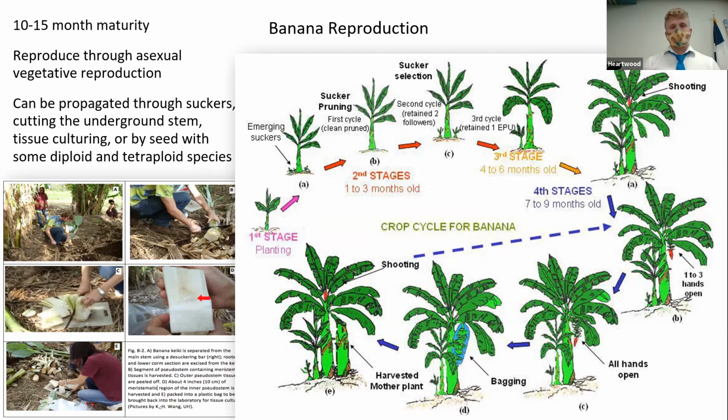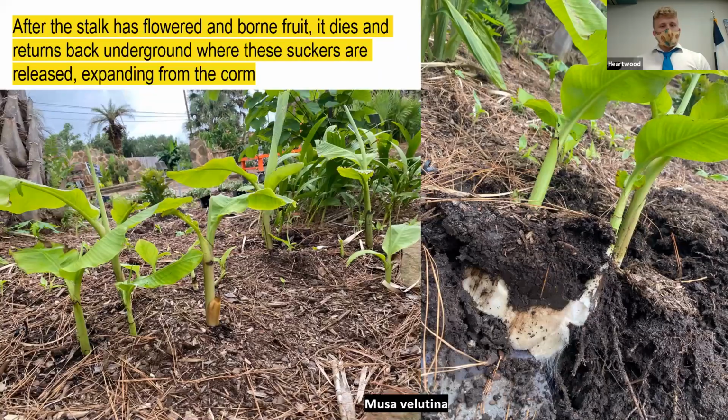That involves cutting from this corm and growing it in a lab. And some species, especially diploid and tetraploid species, bear some seeds and can be reproduced that way as well.